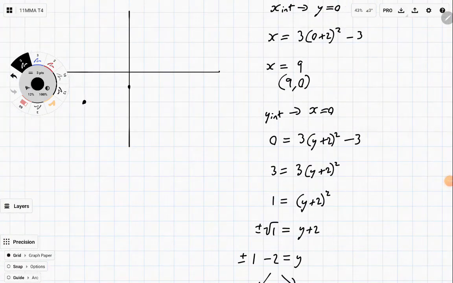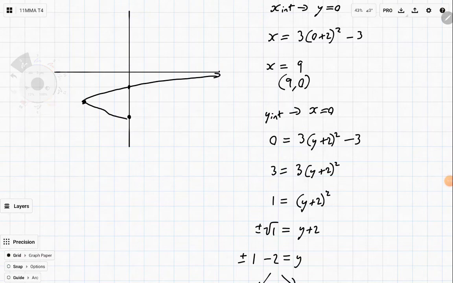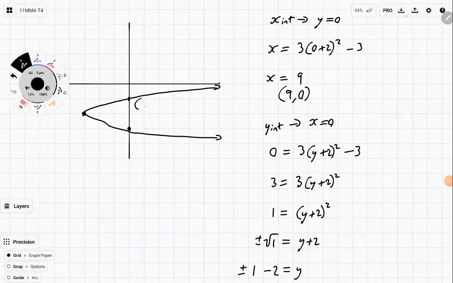So that's here and here, and then we can join them up, and that is a sketch of our graph, where this is (0, negative 1). This is (0, negative 3). This is (negative 2, negative 3).